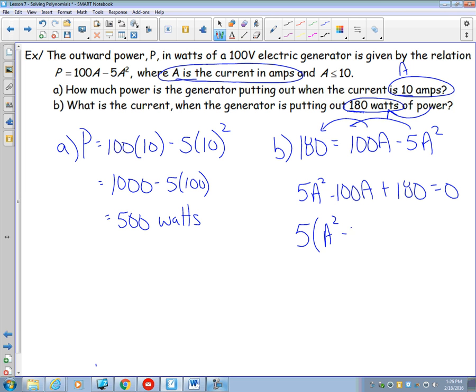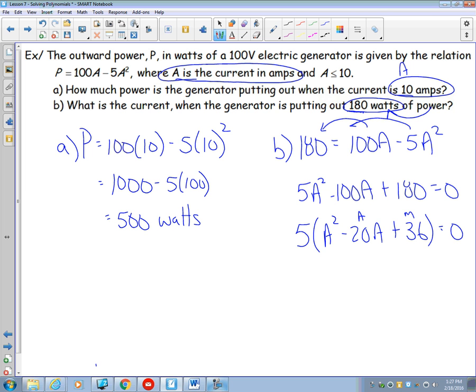A squared minus 20a. 180 divided by 5 is 38. So plus 38. Oh, sorry, that's not 38, 36, my fault. 36. Okay, find numbers that add to 20 and multiply to 36.